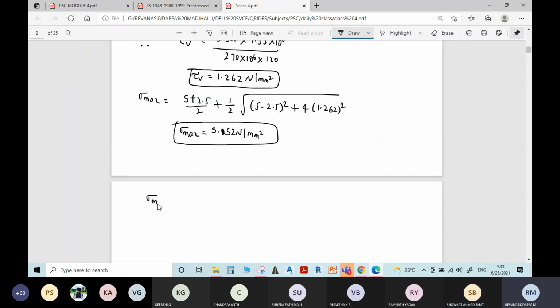Sigma minimum is equal to 5.5 plus 2.5 divided by 2 minus half of root of 5 minus 2.5 whole square plus 4 into 1.262 square.